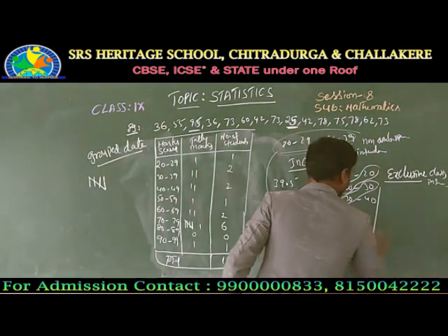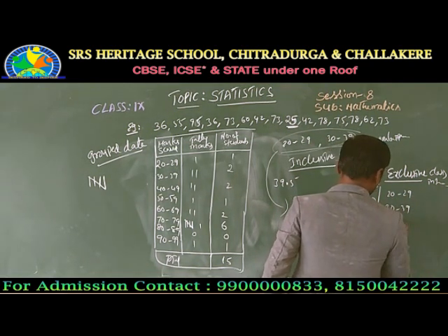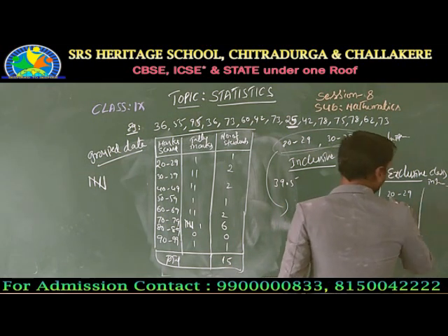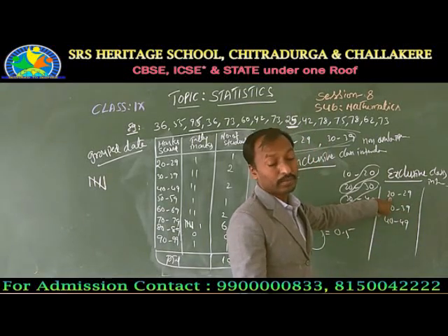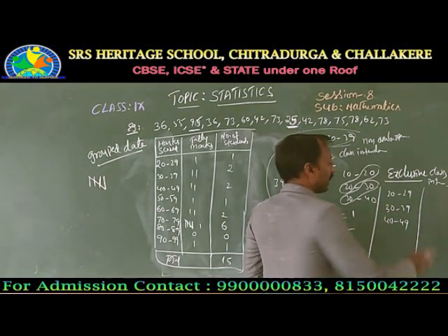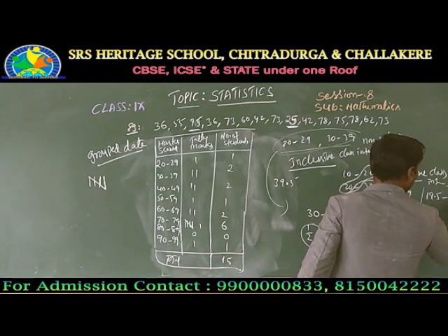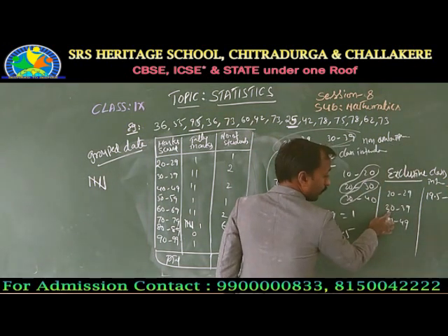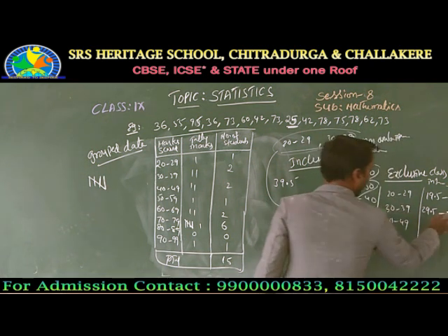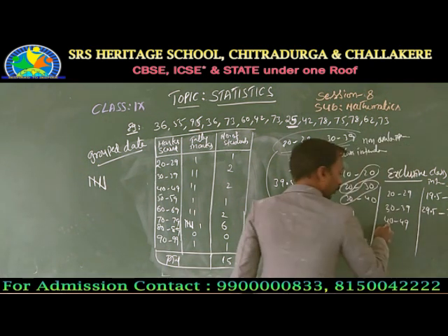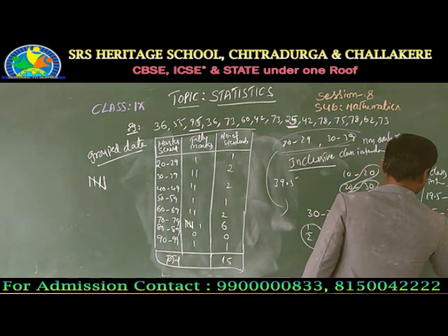If I take 20 to 29, 30 to 39, 40 to 49, now convert them into exclusive. This is the inclusive class interval, and this the exclusive class interval. 0.5 subtraction: 20 minus 0.5 is 19.5. 0.5 is added here, 29.5. 0.5 is subtracted from 30, that is 29.5. 0.5 is added here, 39.5. 0.5 subtracted from the lower limit, 39.5. 0.5 added to the upper limit.